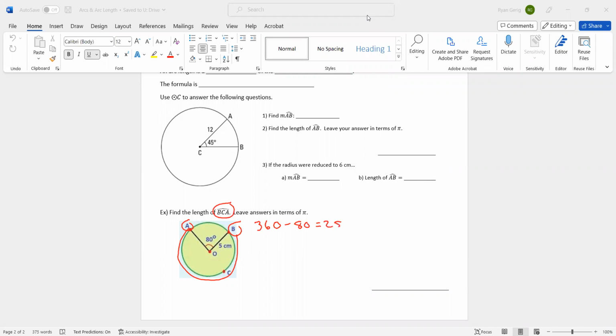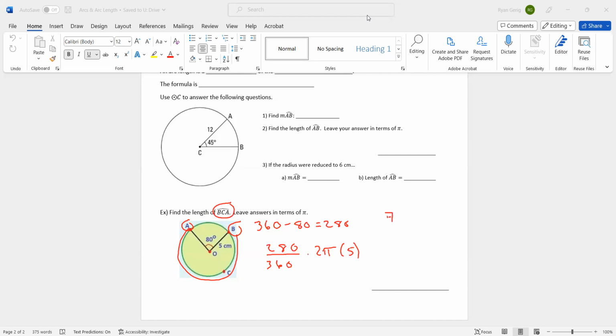280. So I got 280 divided by 360 times the circumference. So 2 pi. The radius is 5. So now I just got to reduce that fraction. That's 28 over 36, which 4 goes into both of those.